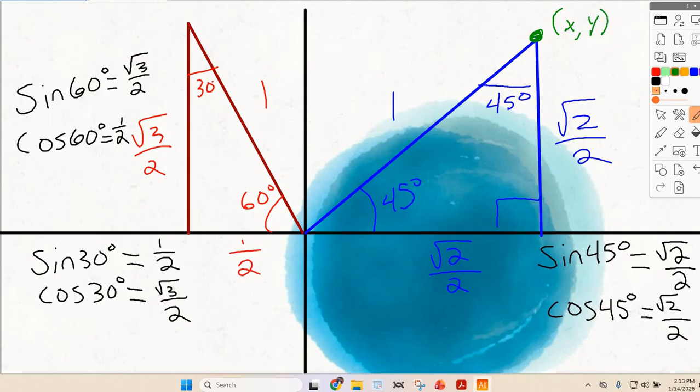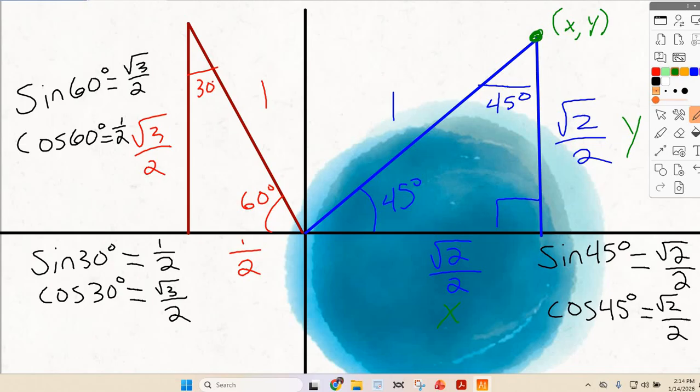And notice the nice thing about our triangle that we've drawn here is that my distance from the origin over to where that point is, well, that bottom leg would be the same thing as my X, and that right leg would be the same thing as our Y. Agreed?